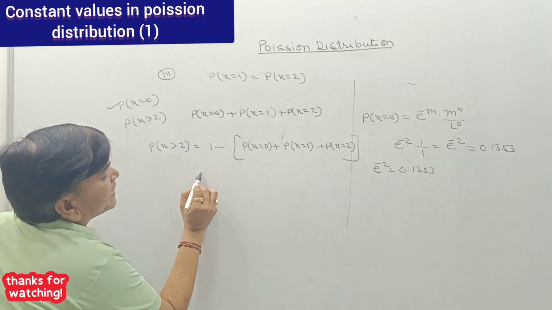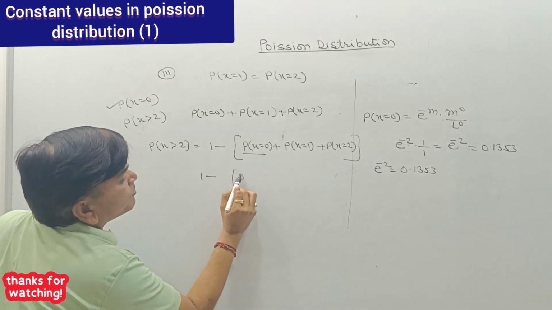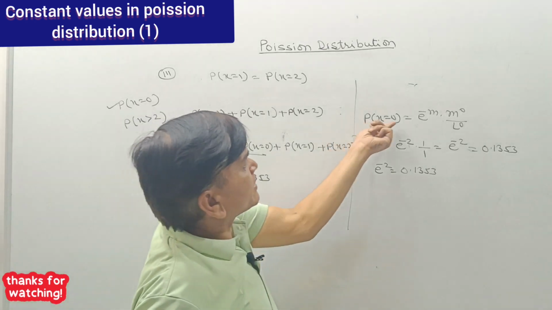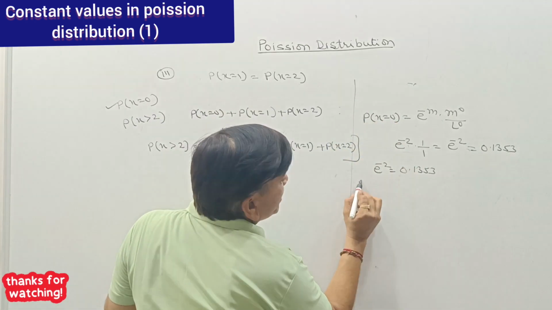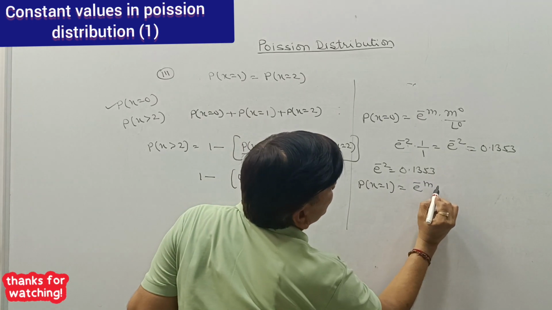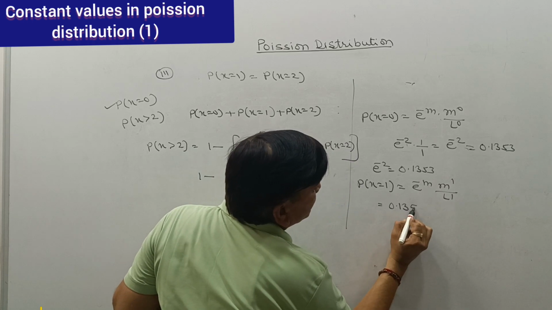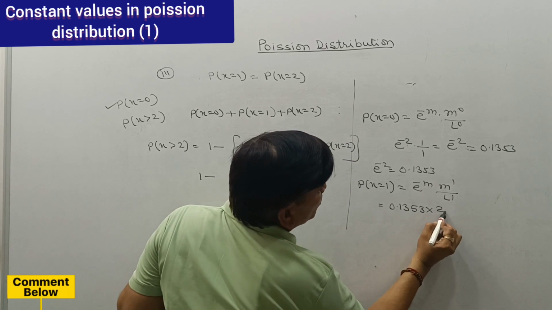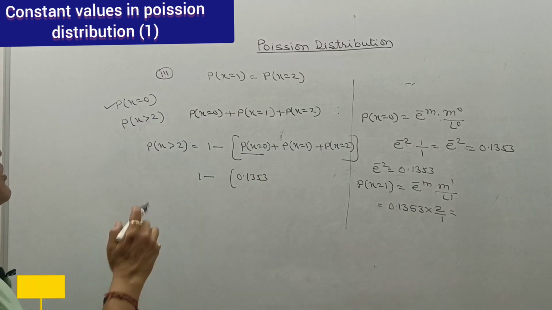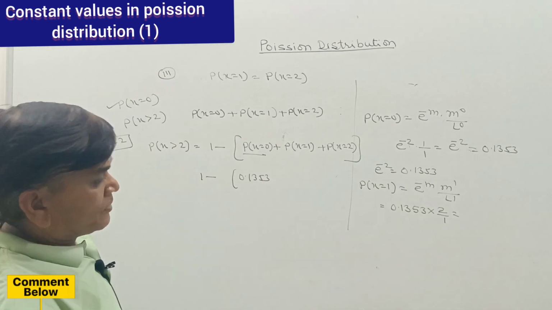So P(x=0) is 0.1353, which we have calculated. P(x=1) is e raised to power minus m, m raised to power 1 upon factorial 1, that is 0.1353 multiply 2 upon 1, because the value of m is 2.